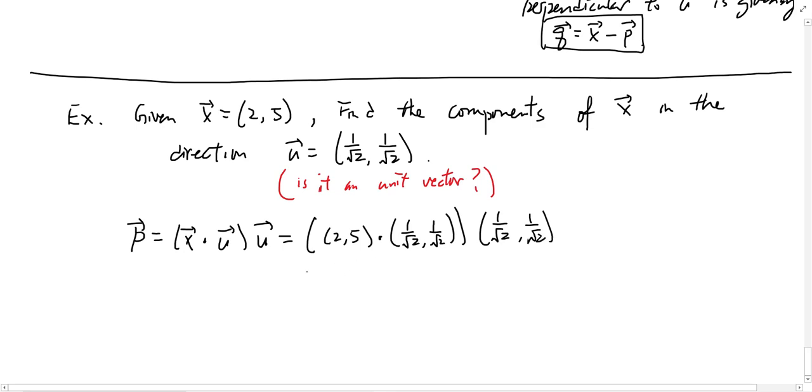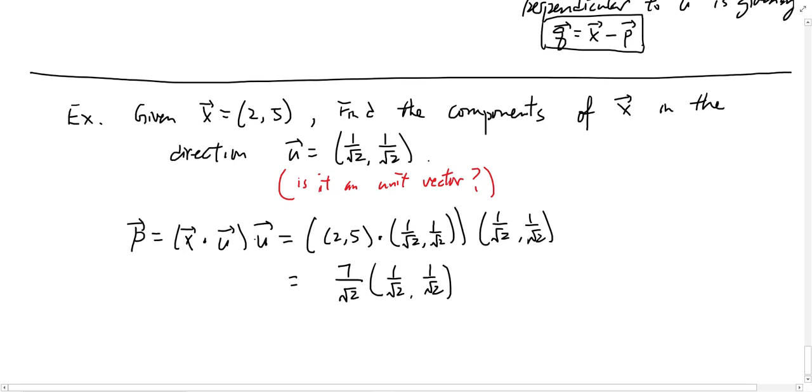So let's do the dot product right here. The dot product will be 2 times 1 over radical 2 plus 5 times 1 over radical 2. So that is 7 over radical 2, multiplied by 1 over radical 2, 1 over radical 2. This is now a scalar multiplication. This here is a dot product. Once I do a dot product, I have a scalar, and now that scalar is multiplied to the vector.